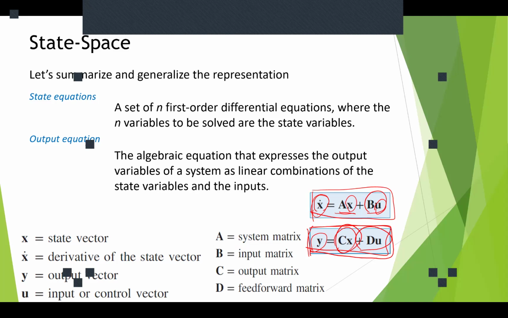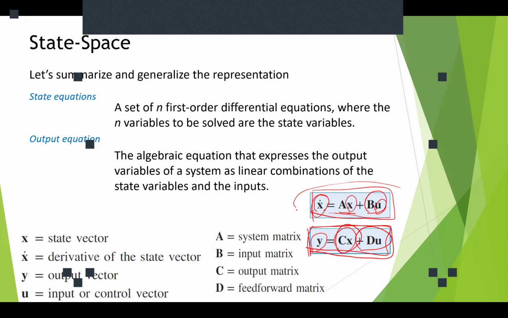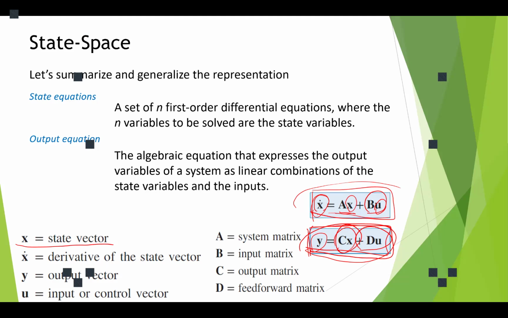So when we talk about the state space, we have two sets of matrices or differential equations. The first one models the system. The second one is the output, your basically desired variable that you want to focus on analyzing. Now, as we said, the x's are the state vectors. We define them as a mathematical representation of the independent variables that we can define to describe our system.